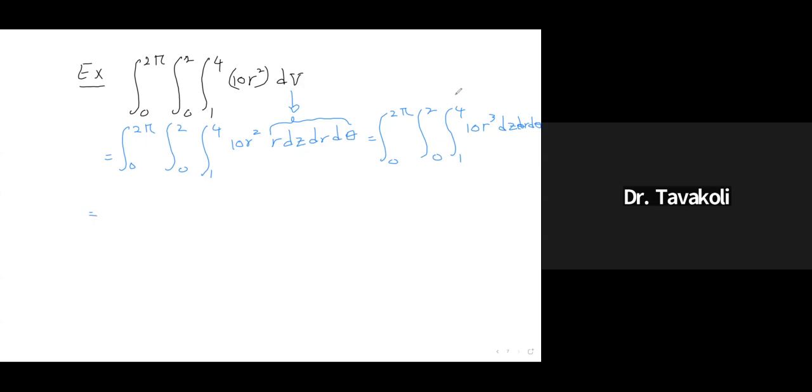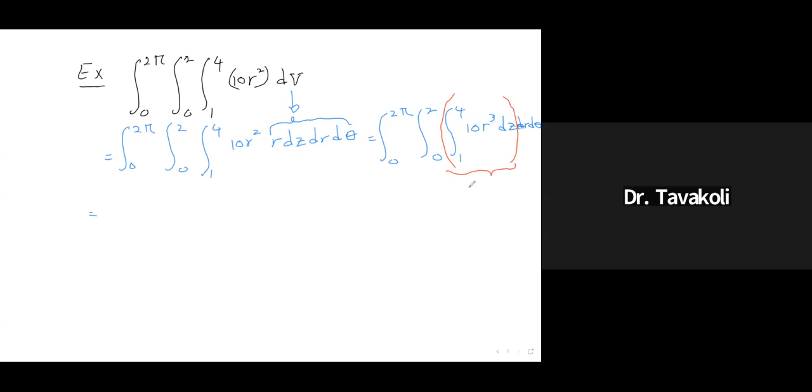So look at this integral that we should calculate first, the innermost integral, which is with respect to z. For this integral, 10r cubed is like a constant with respect to z. The antiderivative of a constant is the constant times the variable.